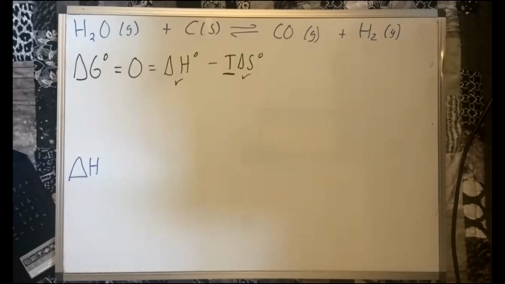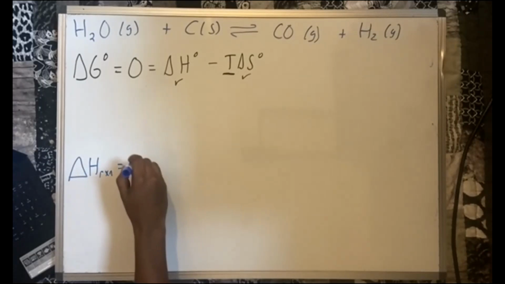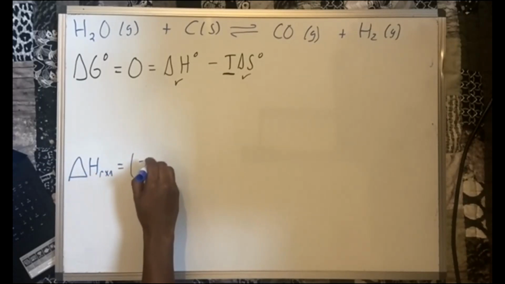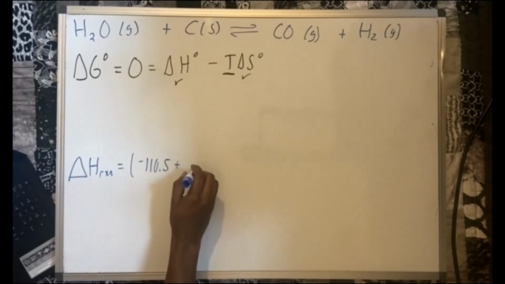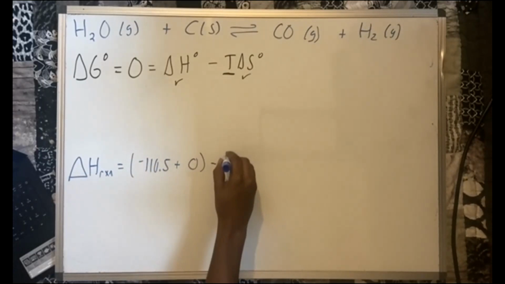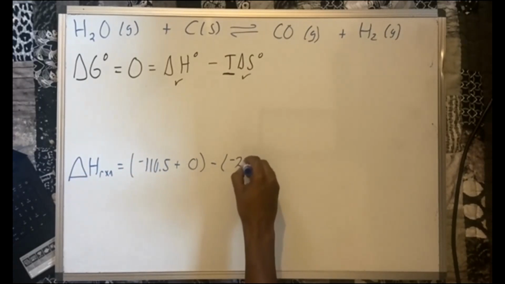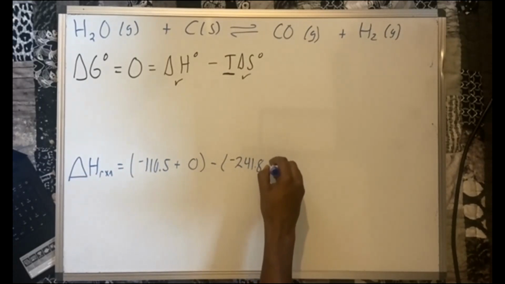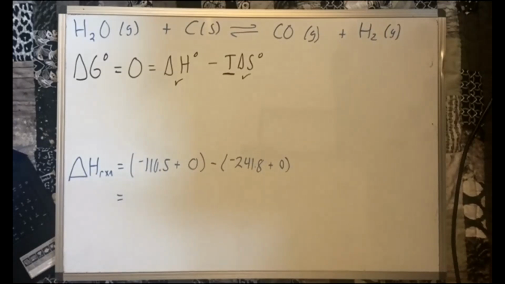So delta H of my reaction is going to be my products, so the H of my CO, which is negative 110.5, plus the H of my H2, which is 0, minus the H of my H2O, which is negative 241.8, plus my H of my C solid, which is 0. That's going to be, sure.